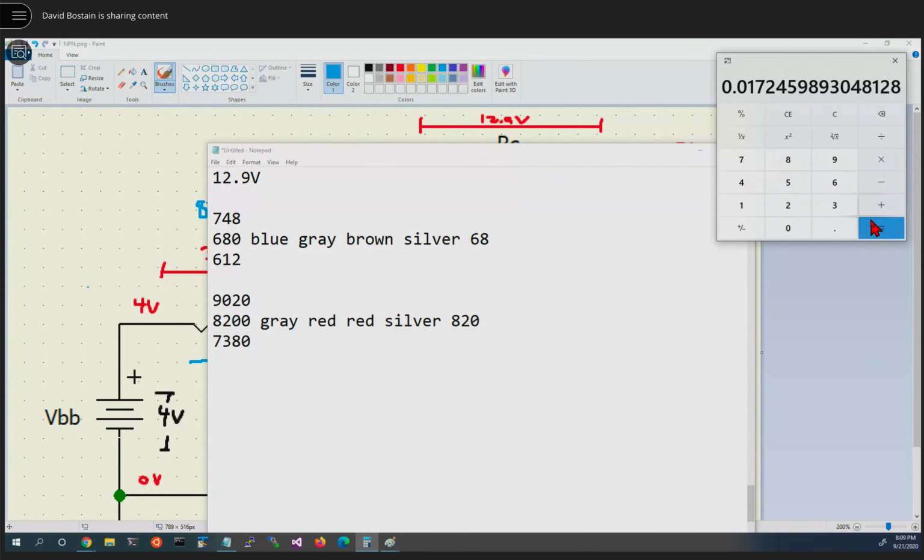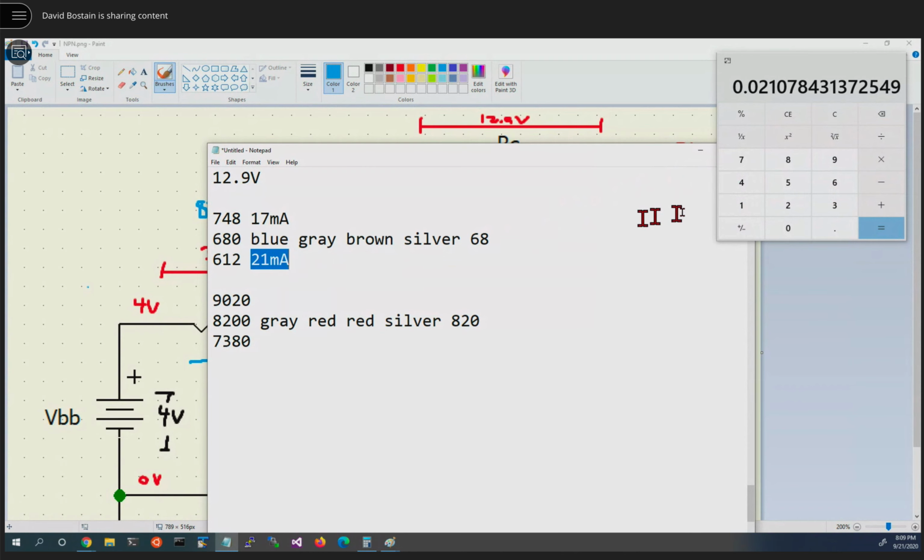That equals 17 milliamps. That's fine, within range. We can take 12.9 and divide it by 612. That gets a 21 milliamps. So it looks like our LED will be bright enough and it will not be burning anything up.